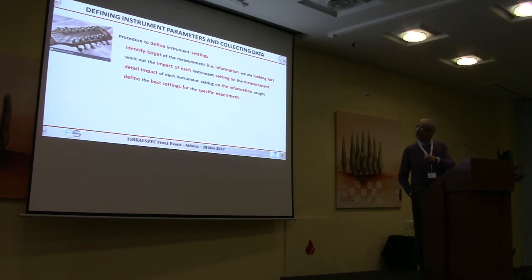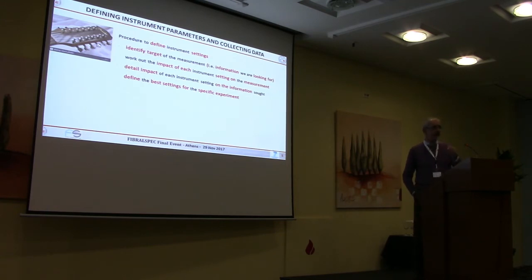In order to define the instrument parameters, you have to identify the target of measurements, that is, the information you're looking for, because following different information, you might want to set your instrument in different ways. If you are looking, for instance, at SEM on a large scale, you set the magnification to a given number.